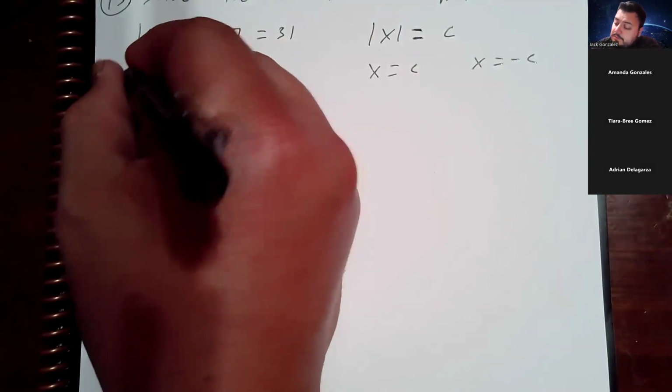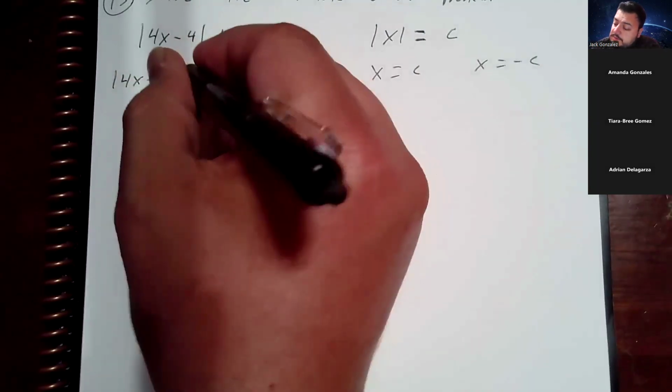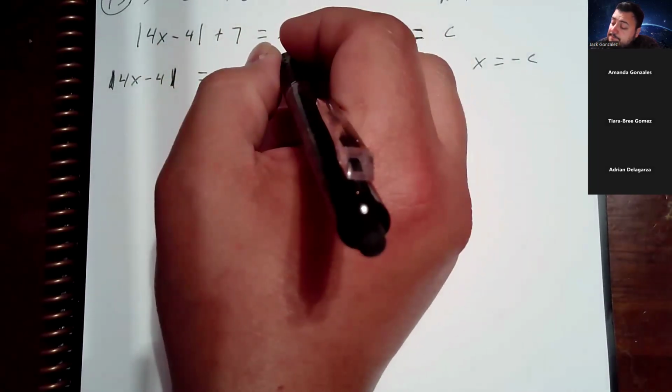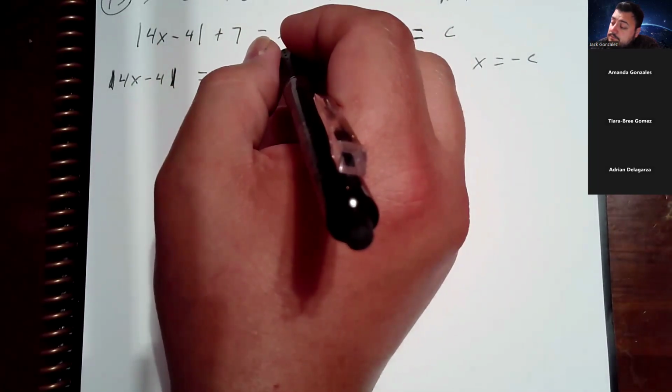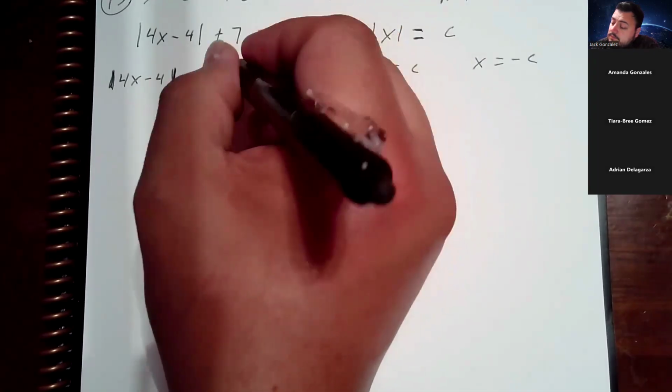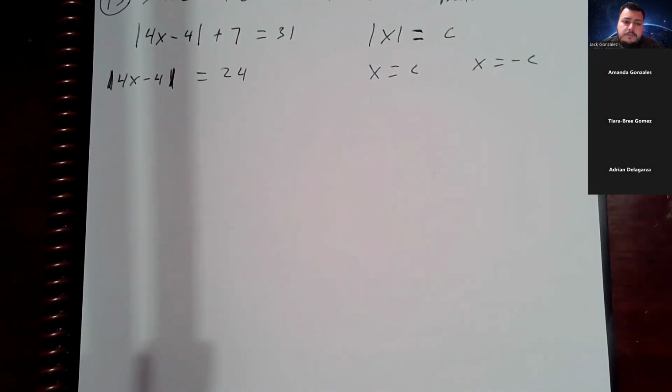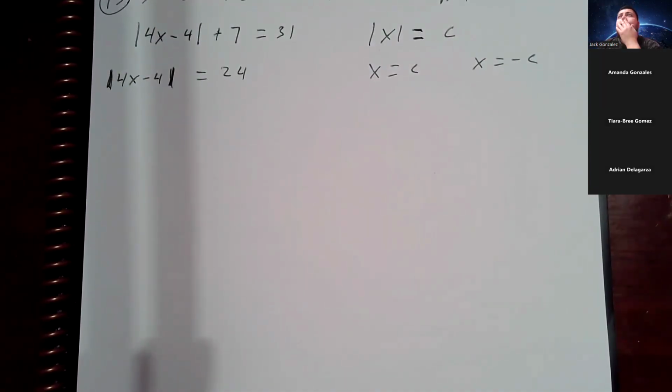So move the 7 over by subtraction. So you get this guy by itself. 31 minus 7. 24, right? Is that right? Yeah.